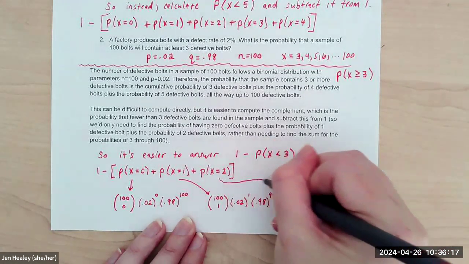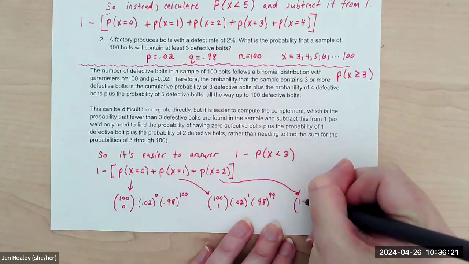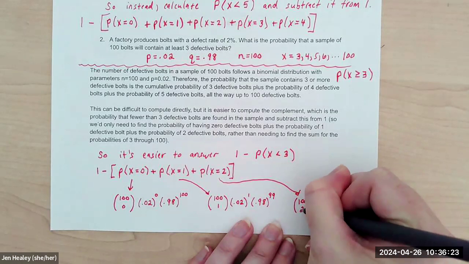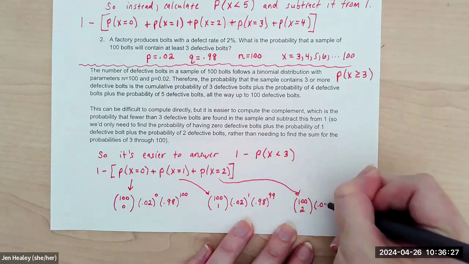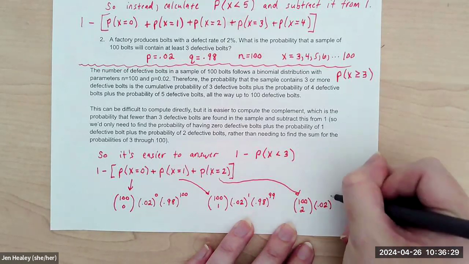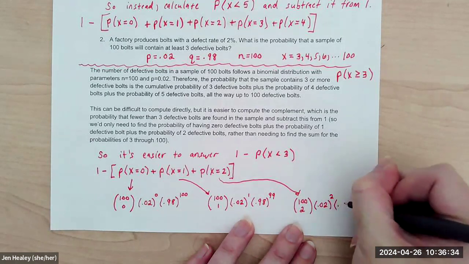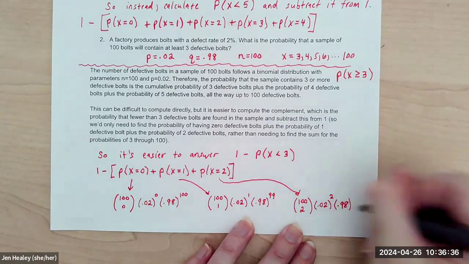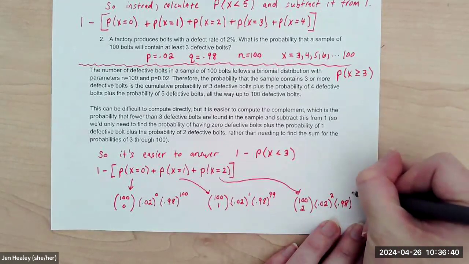And then we would do one more of those crazy calculations. You do 100 choose 2, and that would be 0.02 raised to the power of 2. So it's always raised to that power. And then 0.98 raised to the power of 100 minus 2, so that would be 98.